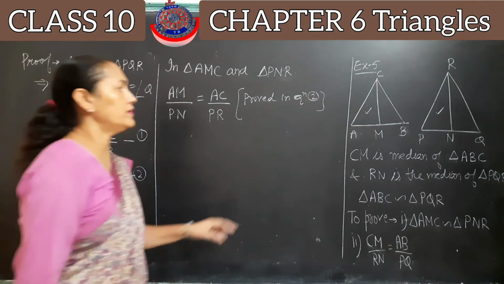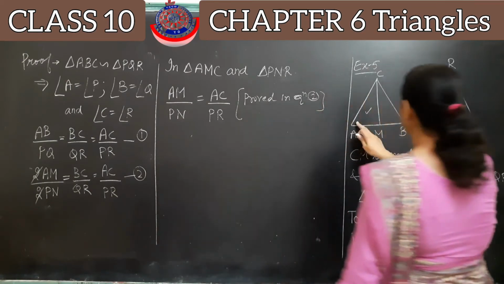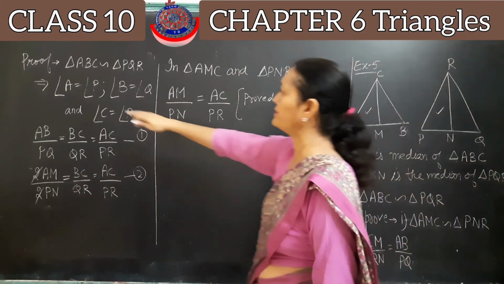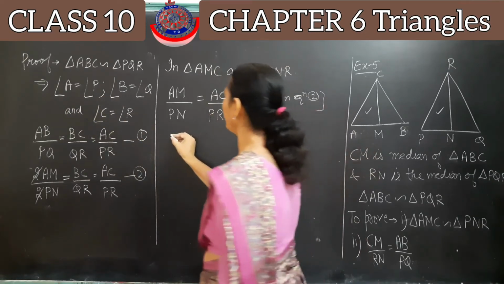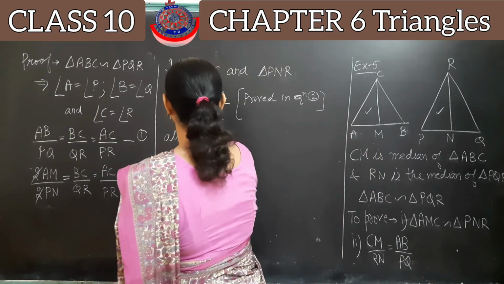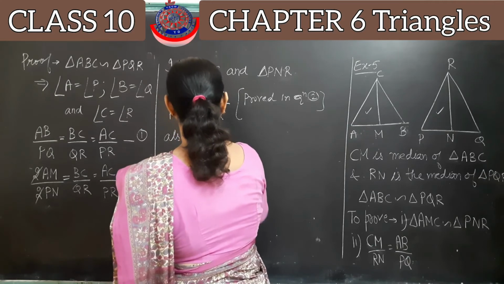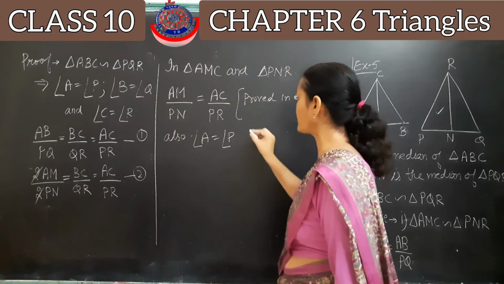And then we have written that angle A is equal to angle P in the given information. Angle A is equal to angle P. This is also given.